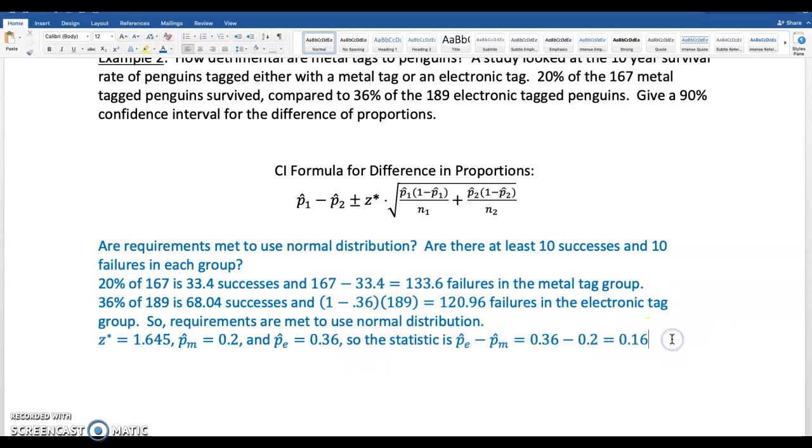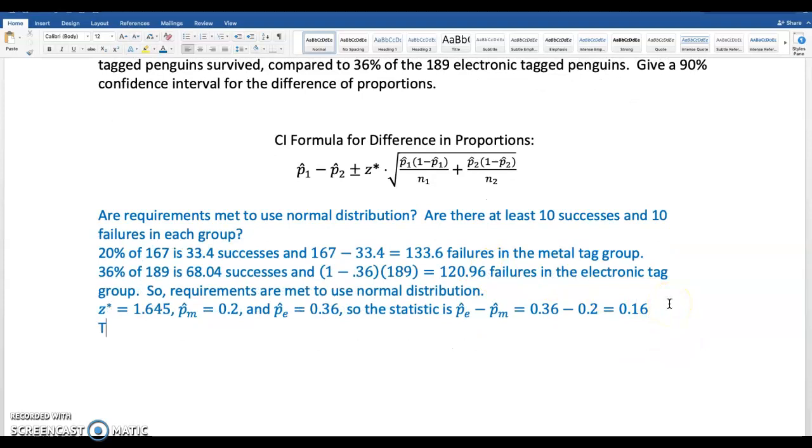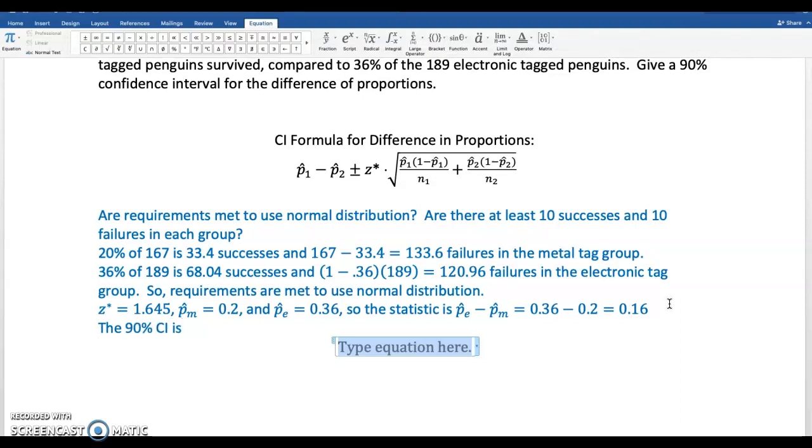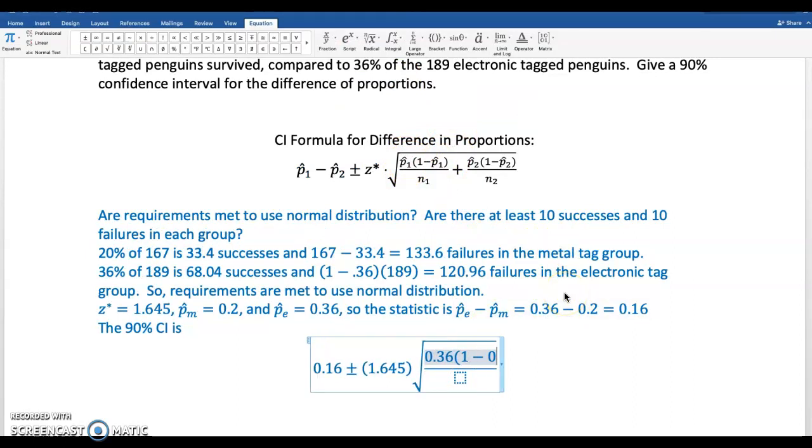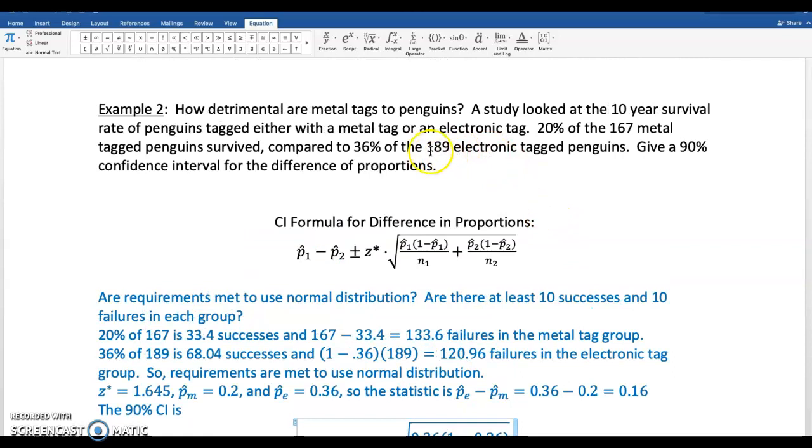So then the 90% confidence interval, using this formula above, is 0.16 plus or minus z star 1.645. And now this is going to be a messy formula. If I fill this in, p hat E, electronics, 0.36 times 1 minus 0.36, and that's the electronic tag group, which was 189.